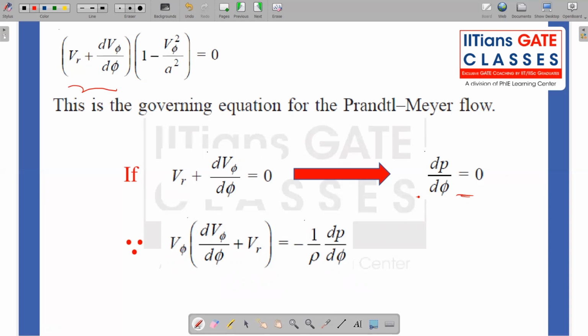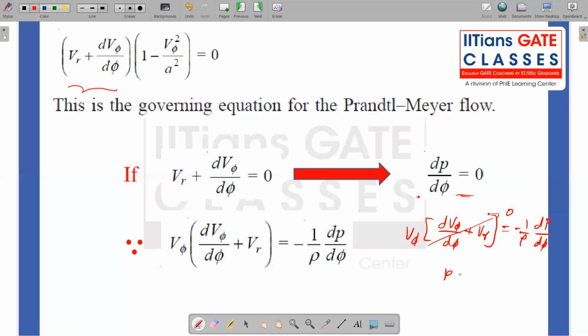Because if you see the phi momentum equation, what we had: v phi times dv phi divided by d phi plus vr equal to minus 1 by rho times dp by d phi. So it is, before splitting into a function of rho and phi, just dp by d phi, right? So if this term goes to 0, this results in dp by d phi going to 0.